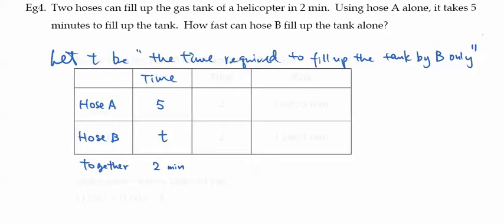But when you look at the questions here, they are not talking about distance. Well, this one will definitely have something to do with the speed of filling up the gas tank, but they are not talking about distance anymore. What are they talking about?